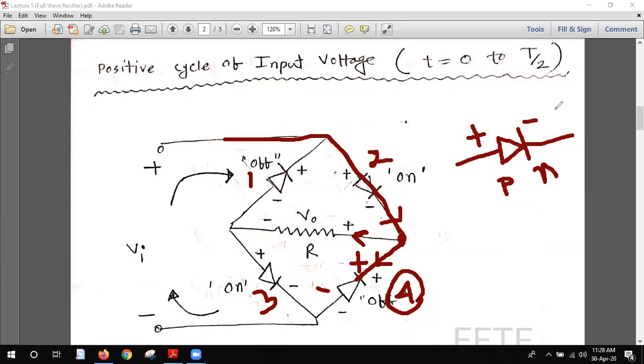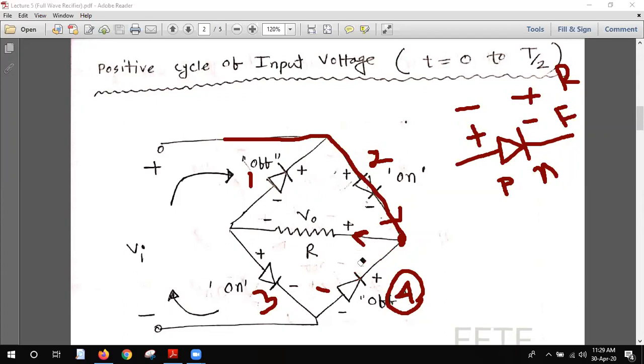I'm writing F. But when P is minus and N is plus, this is reverse biased. So basically the current will not flow in diode number 4.